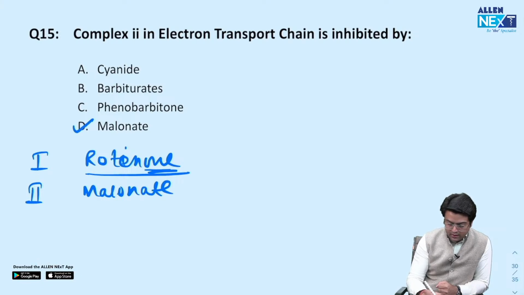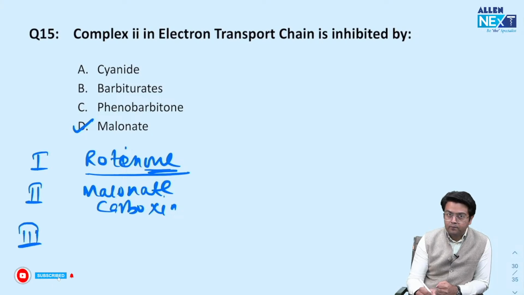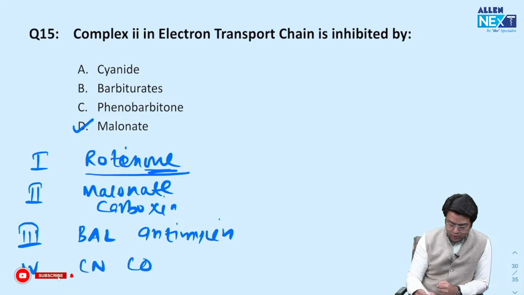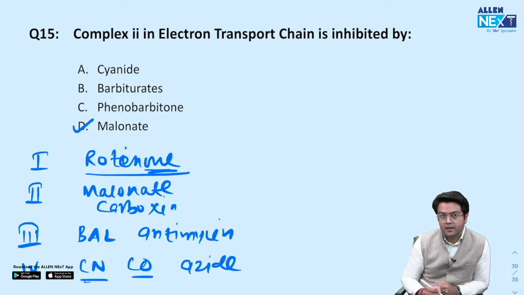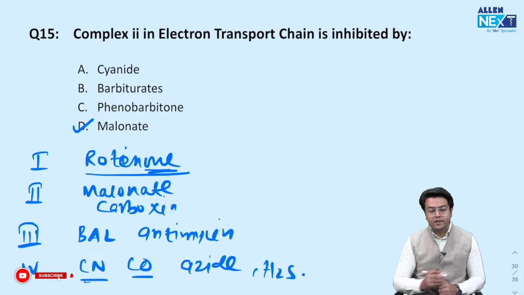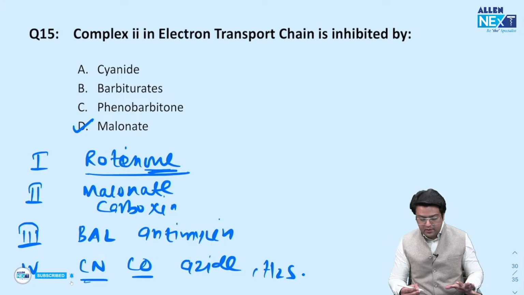So answer is D, malonate and carboxin. Complex 3 is British anti-lewisite and antimycin. And complex 4 is cyanide, carbon monoxide and azide, right? These are the 3, and H2S also. So these are the most important inhibitors.